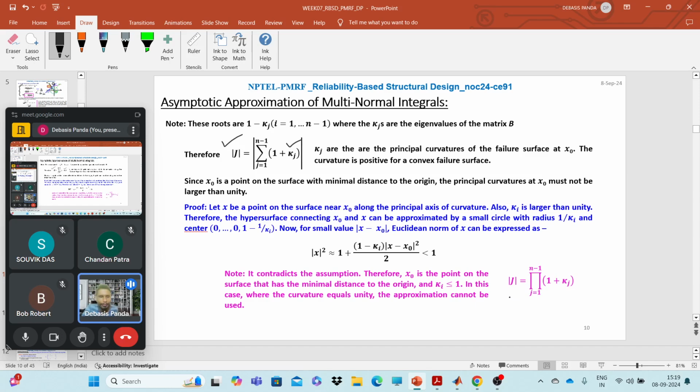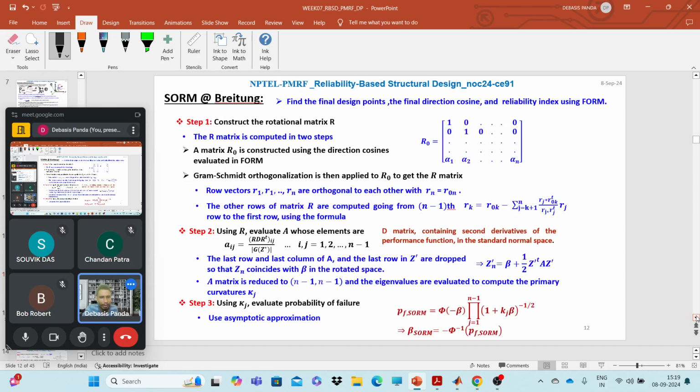So once we have this information, we can easily construct the equation whatever we have seen. So we are not interested in seeing how it was formulated. Rather, we are interested in how we can solve this problem, how we can get the kappa value, the probability of failure value, and the beta value, all these things. So let's see the algorithm first.